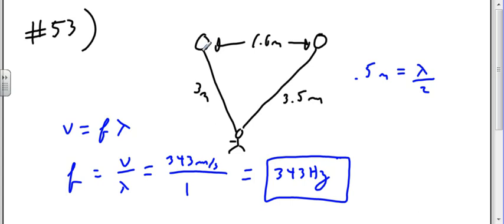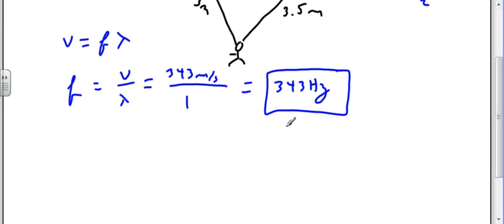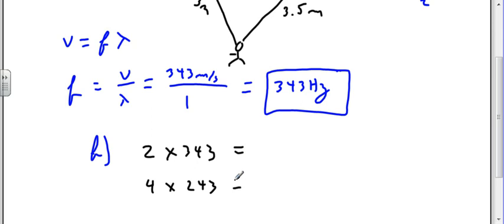This could be 6. This could be twice the frequency, and I would still be destructive. So at twice the frequency and 4 times the frequency would be the other 2 answers. So the B part would be 2 times 343 and 4 times 343. 686 hertz. 1372 hertz. Okay, that leaves problem number 58.